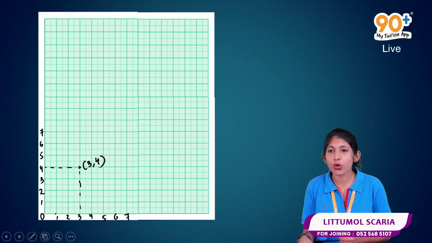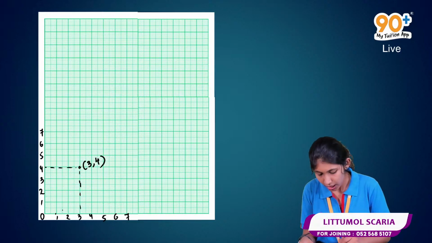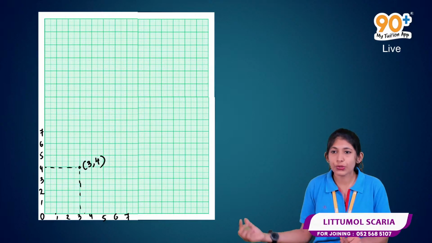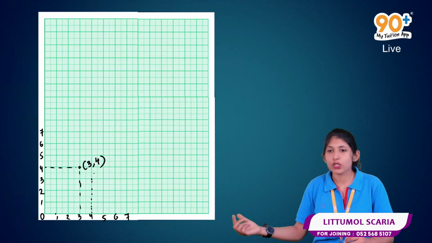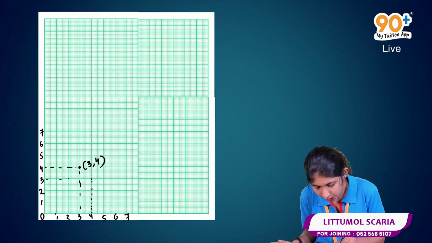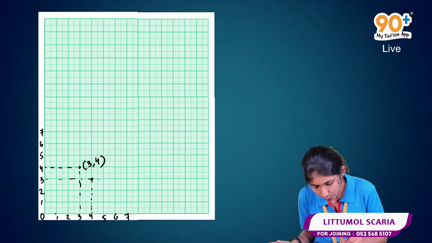Now what about 4, 3? Start walking 1, 2, 3, 4 units. And on the y-axis, you will start walking upwards 3 units and you will get your point as 4, 3.